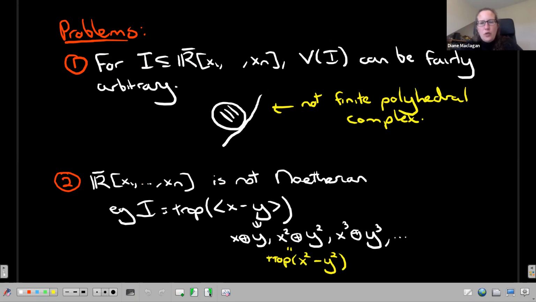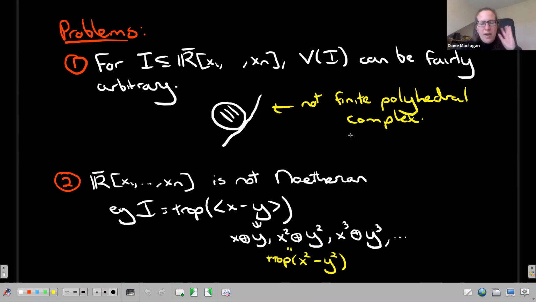Okay, the first is every picture I've drawn you so far, and I said that in the structure theorem, the point was that we were getting polyhedra. But if I take an arbitrary ideal in the semi-ring of tropical polynomials, the variety can be fairly arbitrary. So in particular, we can get something like a disk, maybe with some lines, in particular, not a finite polyhedral complex, so not a finite union of polyhedra.